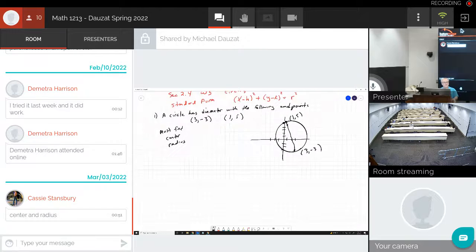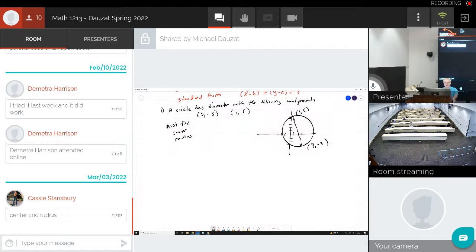But remember the midpoint formula: you add the x coordinates together and divide by what number? Midpoint, middle, mid, you divide by what? 2. You do the same thing with the y coordinates: y1 plus y2 divided by 2.